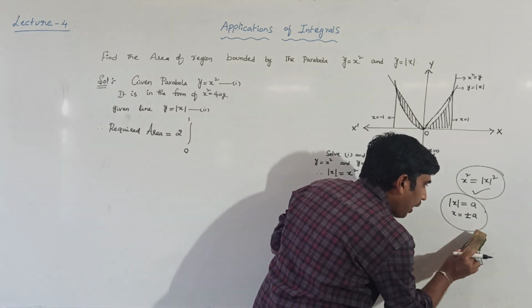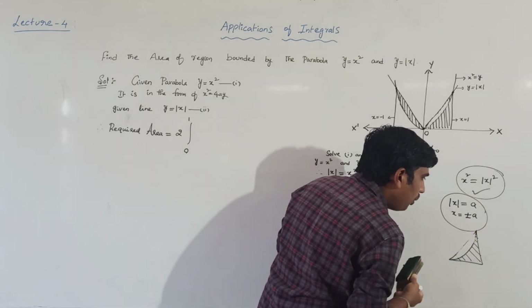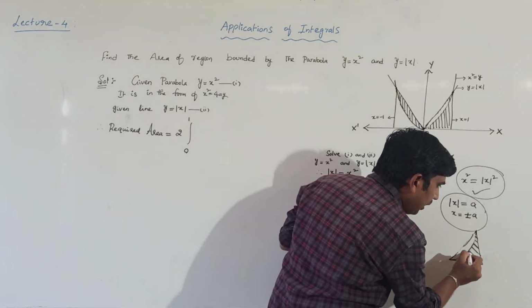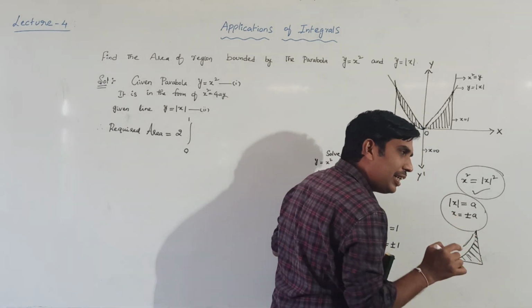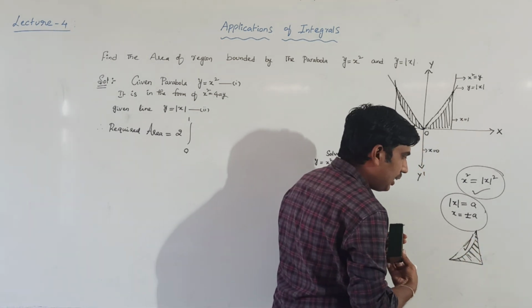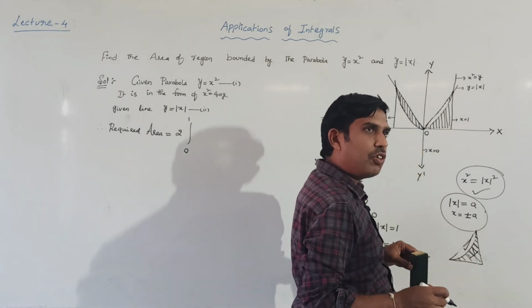Next, the area bounded by the curve is this one. What is needed? This part is needed, which means that part we have to remove.